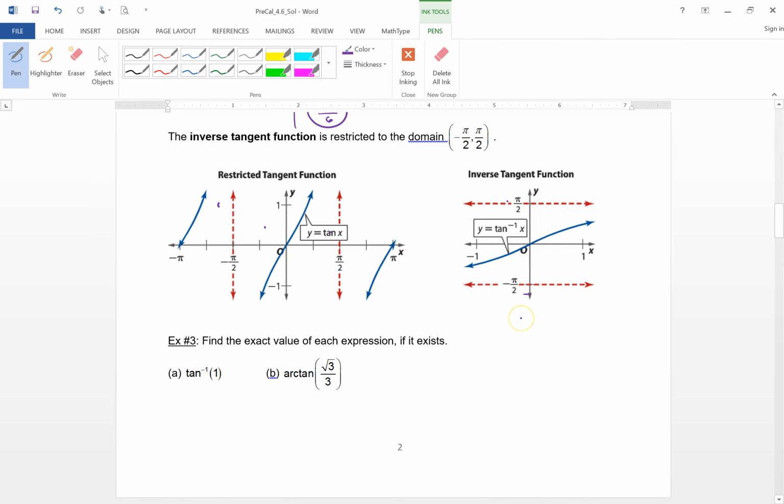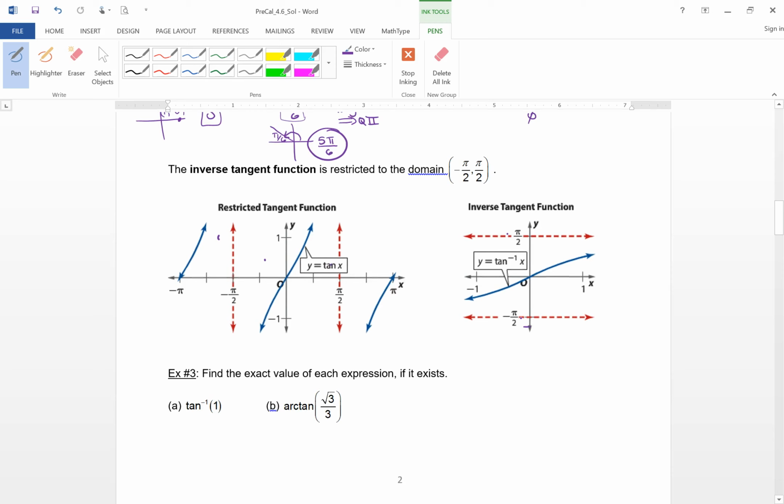Okay, restricted tangent function. So for the tangent to pass the horizontal line test, it's easy. We just take one of the arms, and it's going to go between negative pi over 2 to pi over 2. So again, if I take the unit circle, and if I go between negative pi over 2 to pi over 2, one more time, just like the sine, it's between quadrant 1 and quadrant 4.